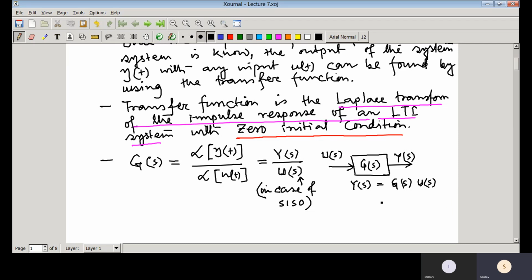So for MIMO, this particular representation is also applicable for a single input single output system. So the output variable Y(s) is equal to G(s) into U(s).